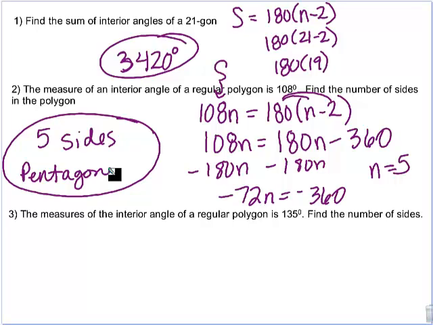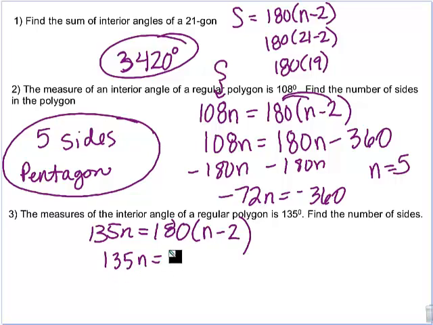Okay, let's look at the next one. The measure of the interior angle of a regular polygon is 135 degrees. Find the number of sides. So it's the same thing. So tell me, how is this going to be set up? 135n equals 180 times n minus 2. Okay, so we would distribute that to get 180n minus 360.